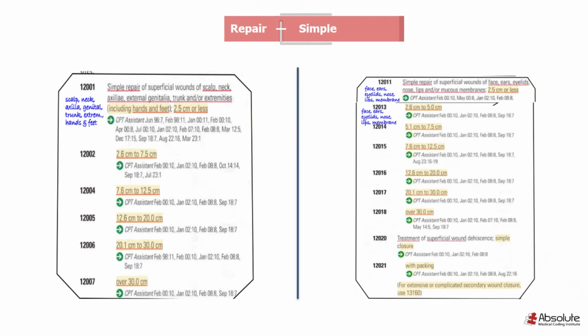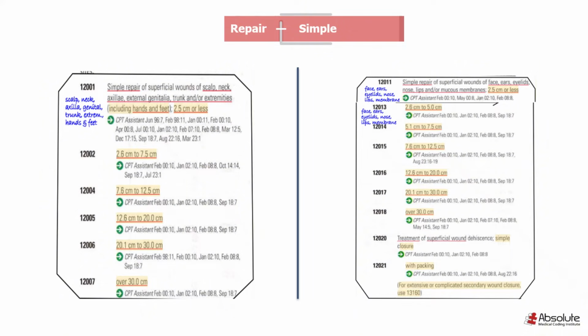Alright coders, now that we have covered the types of laceration repair, let's look at where you will actually find them in the CPT manual. Simple laceration repair codes range from 12001 through 12018, and these codes are further classified into two main ranges based on their anatomic location and the size of the wound repaired.